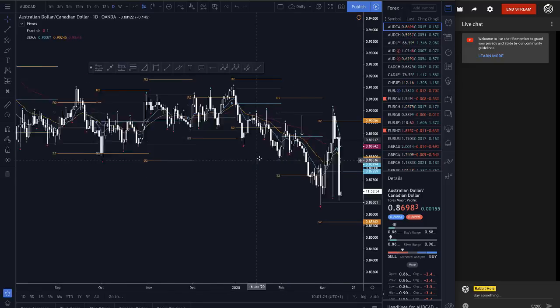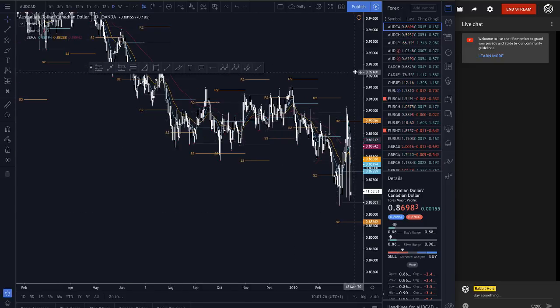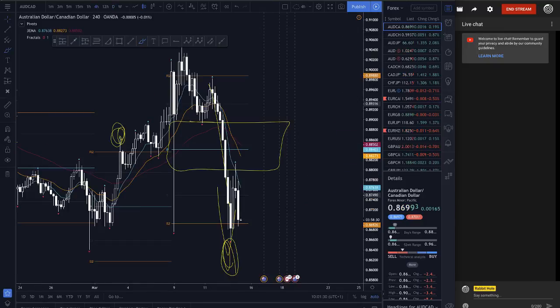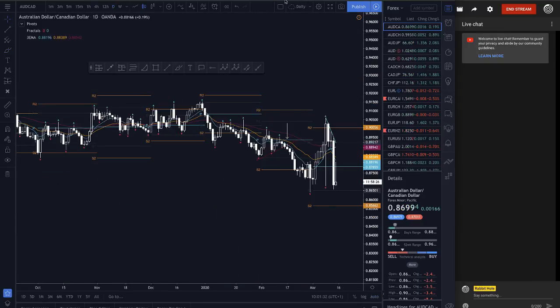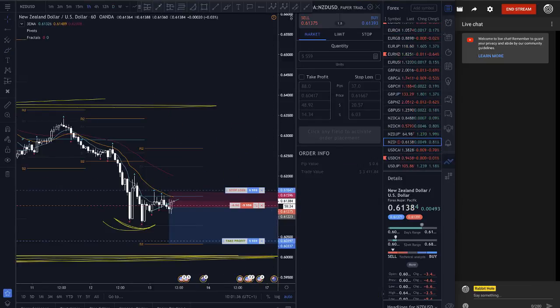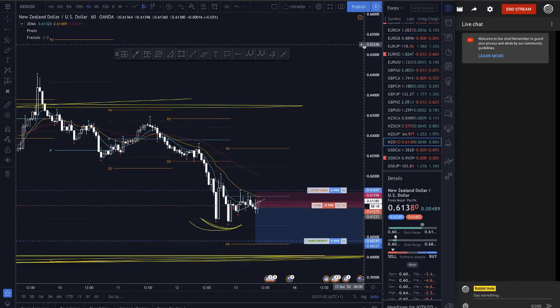And same goes, this is my daily. There are monthly pivots. And same goes for that, exactly the same. You can also read it up here: daily, 4 hour, and intraday. And I just derive from that.